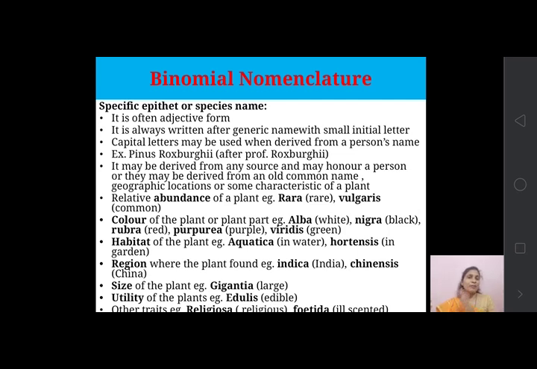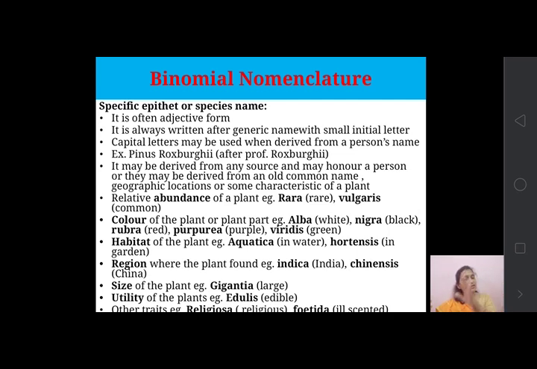However, a capital letter may be used in the species name when it is derived from a person's name. When the specific name is derived from a person's name, to give honor to that person, it starts with a capital letter, since a person's name always starts with a capital letter.